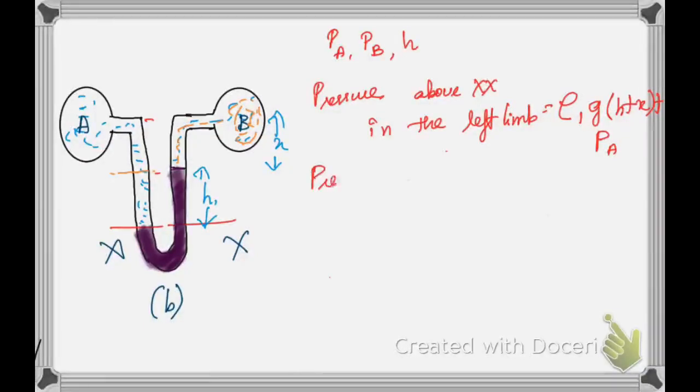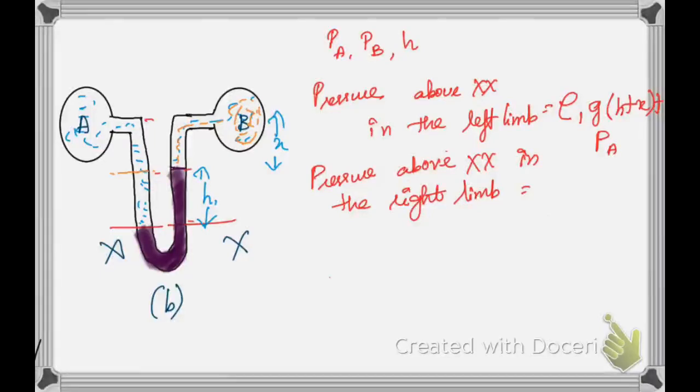Next is the pressure above xx in the right limb, which is equal to, as usual, you can see that up to here it is mercury liquid, so rho g into the height h, plus rho 1 g into x, plus Pb.